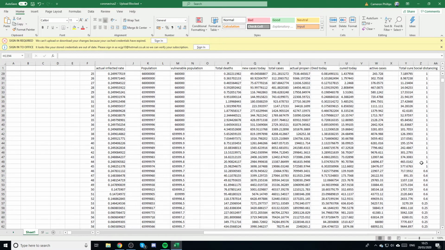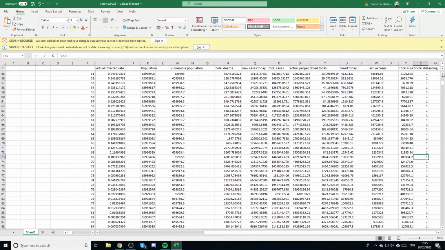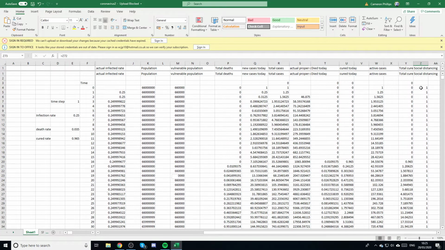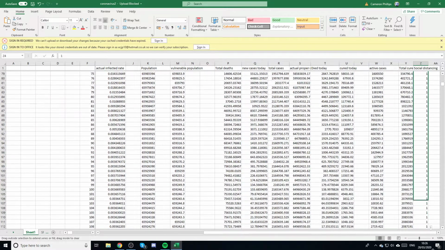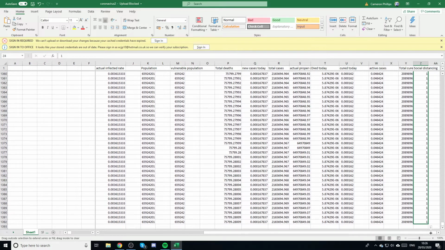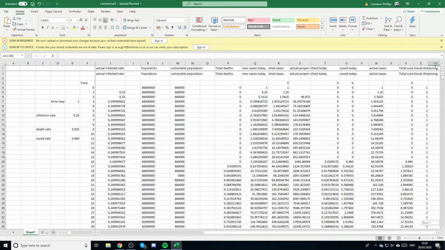So let's put all these figures at 1. Actually, let me just copy and paste this formula down again. So let's just go through this again.